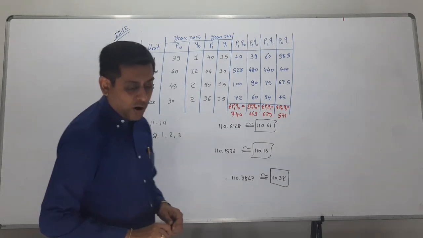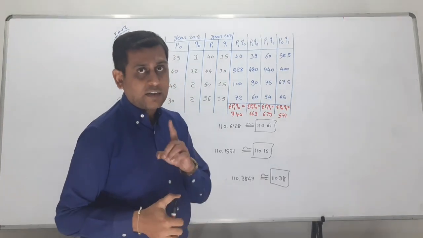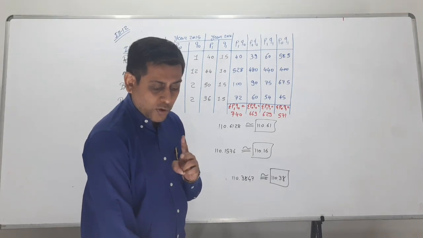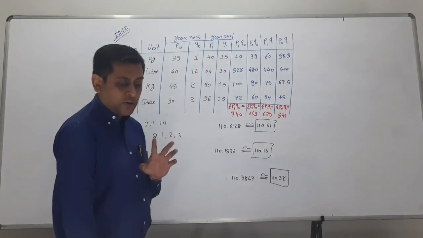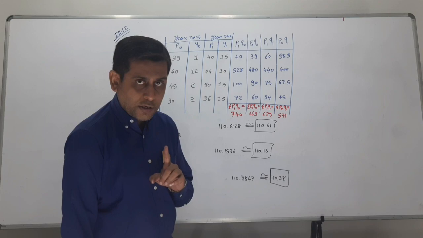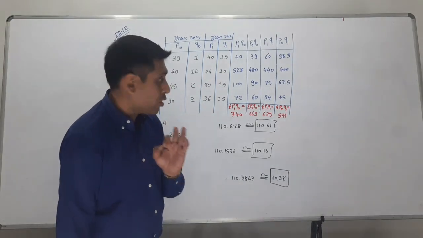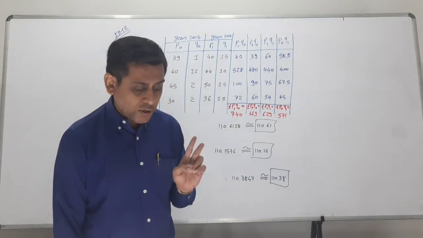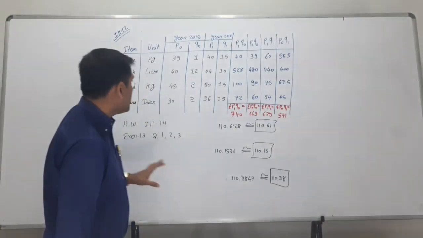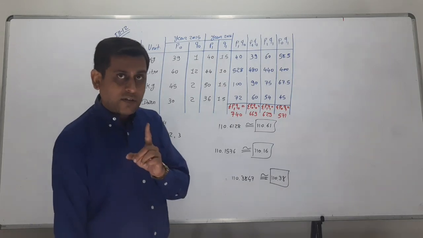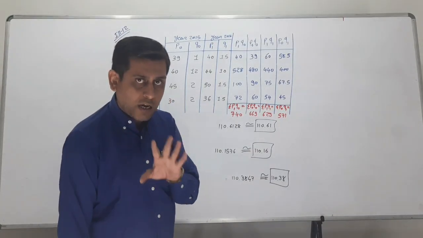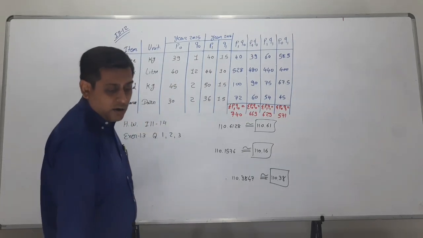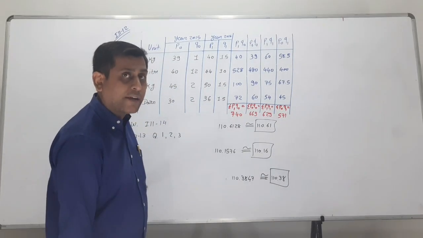See, question number 1 is the weighted average method, that is sigma IW upon sigma W. Again, the second question is also sigma IW upon sigma W. It is also easy. If you don't understand exercise 1.3 question number 2, then I will do it in my next lecture. First of all, try by yourself. It is easy. And the third one is the Laspeyres, Paasche and Fisher's index number.